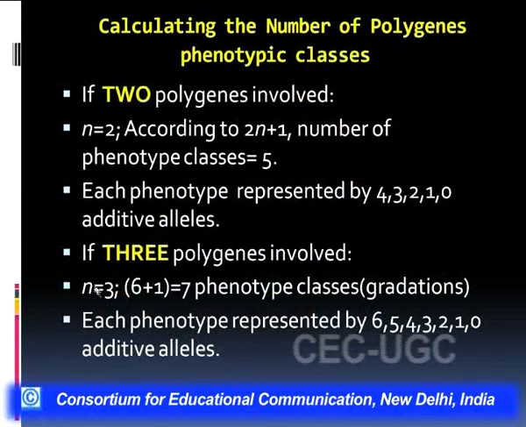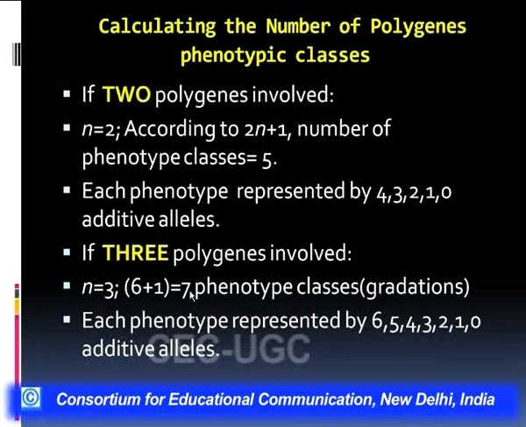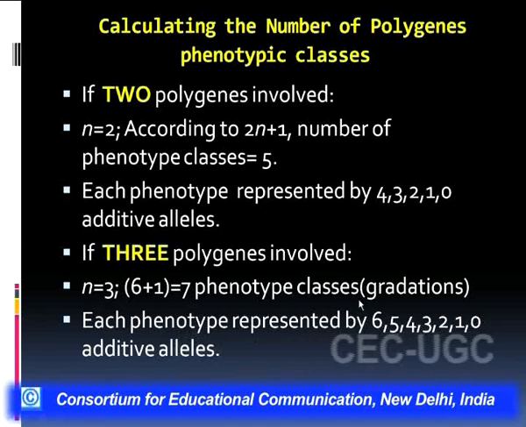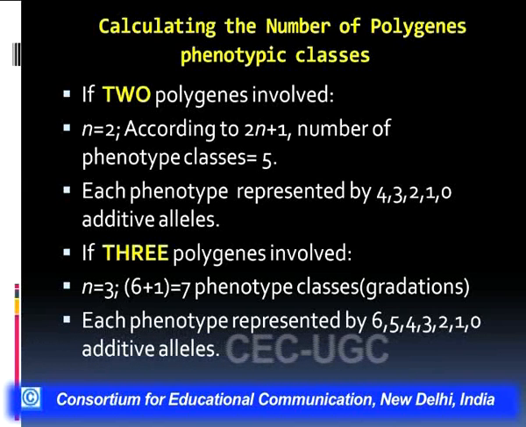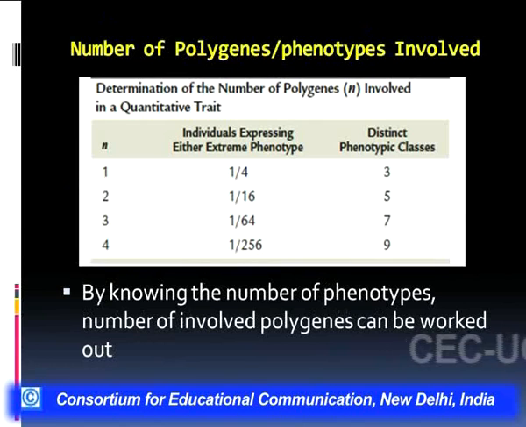And in case of a trihybrid cross where 3 polygenes are involved, the value of n is 3, which means 2n plus 1, which means 6 plus 1. So, there are 7 phenotypic classes, and these particular phenotypic classes will now be represented by 7 different gradations of intensity. Some would have intensity of 6, 5, 4, 3, 2, 1. This would be very well exemplified by our own skin color.